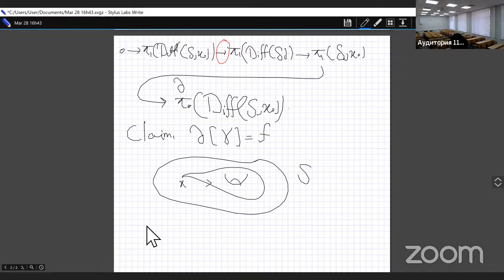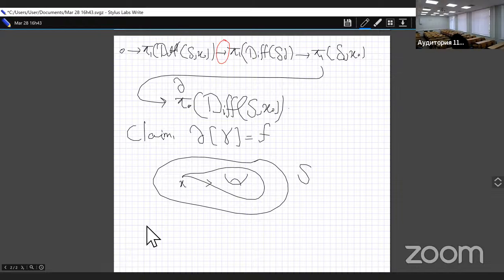We can choose a representation of gamma which doesn't have a self-intersection. Well, this is possible for some gamma, but not for all. Exercise for everyone.